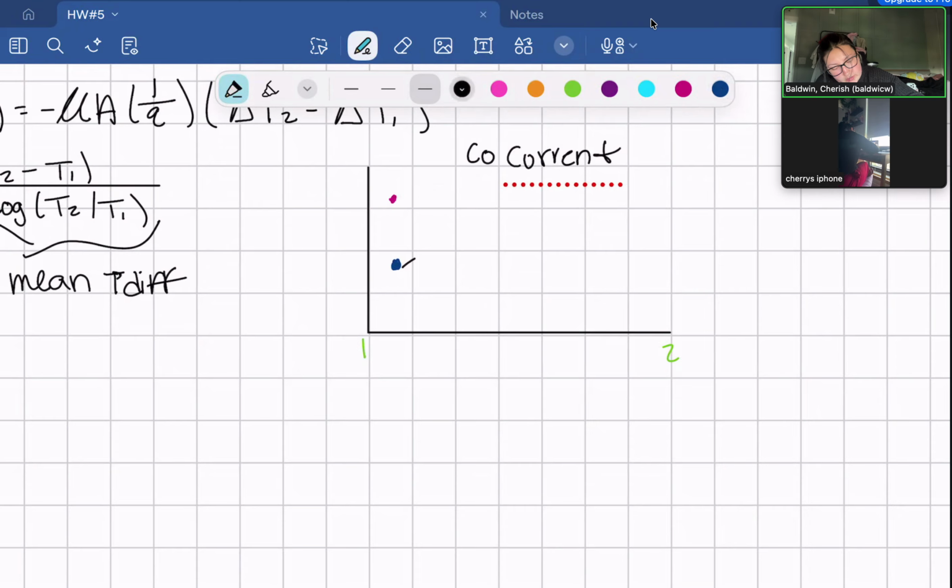And so the cold temperature increases and the warm temperature decreases. And so this is the delta T, very small.